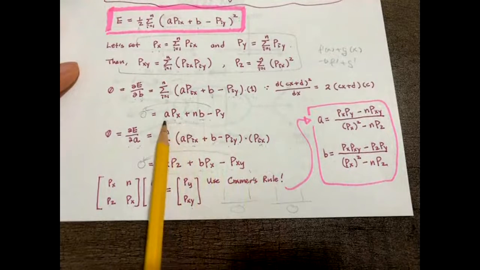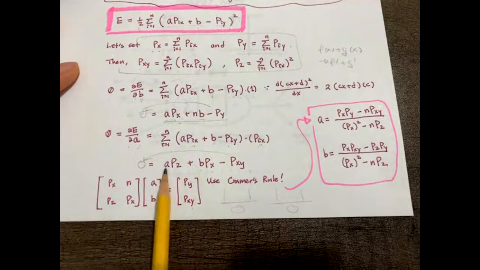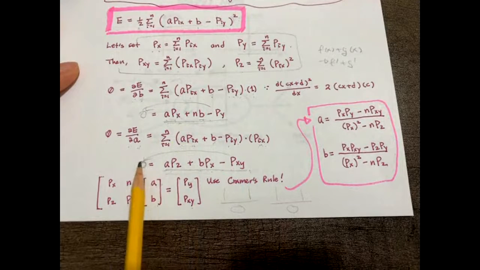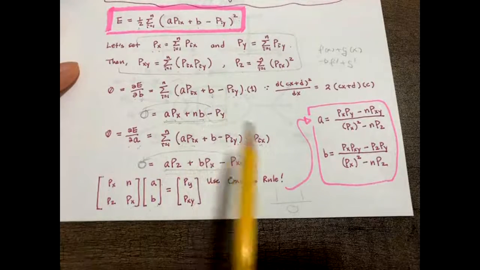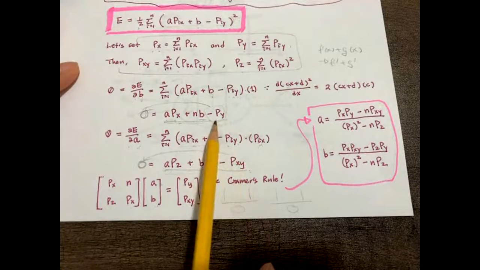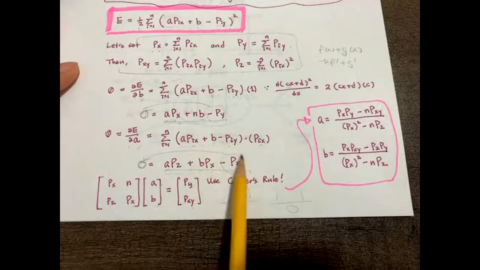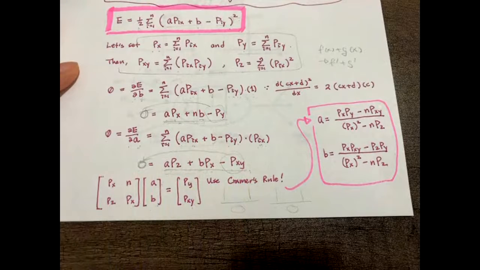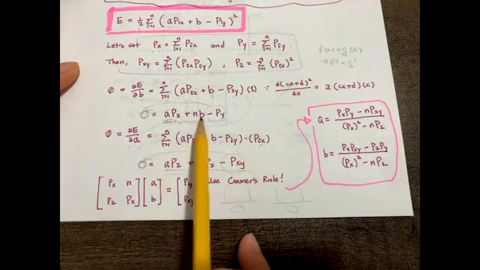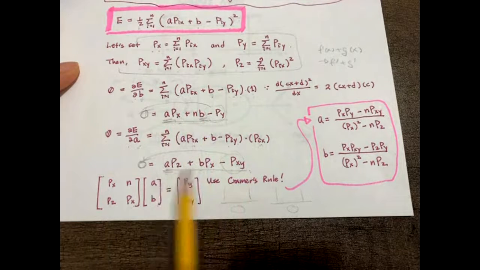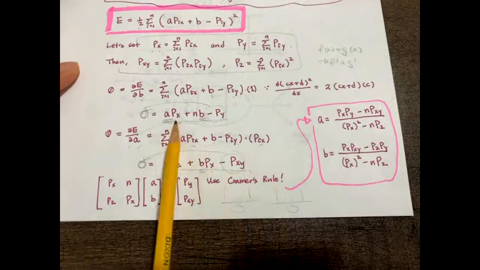Let's see this one. We said we are gonna set these partials as 0. That means we can add p sub y to both sides. For the first one, we can add p sub xy to both sides. So we're gonna see the same variables a and b.